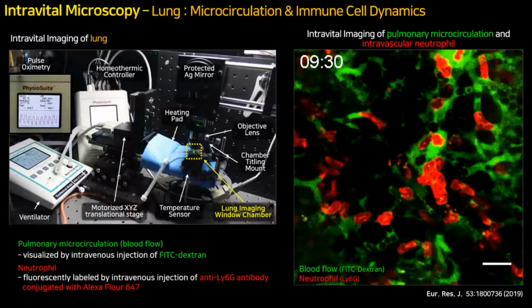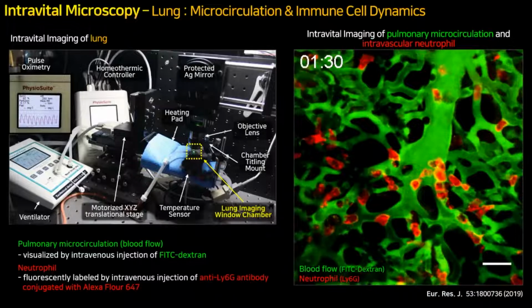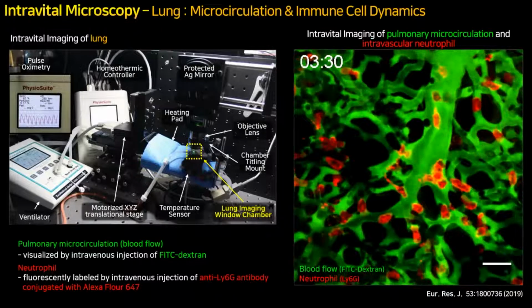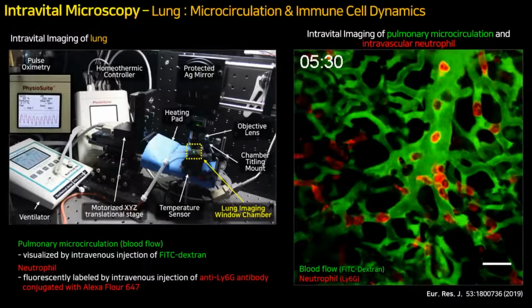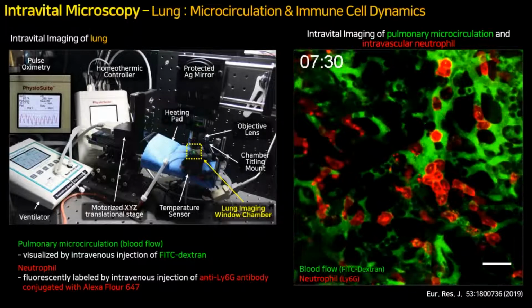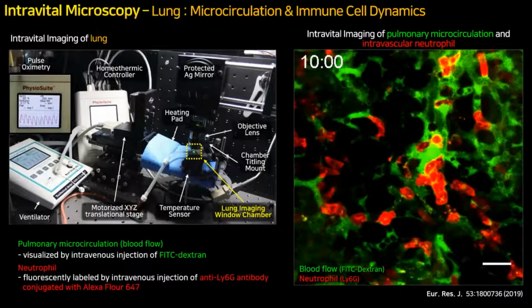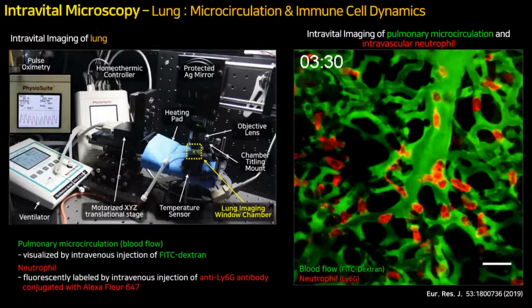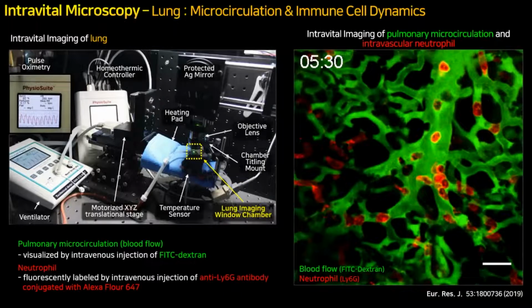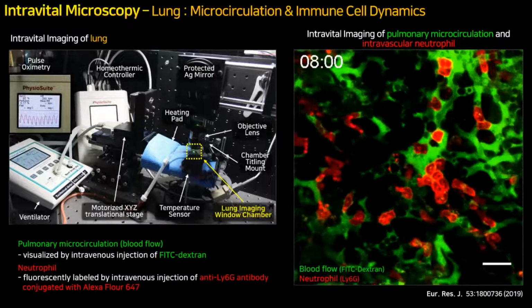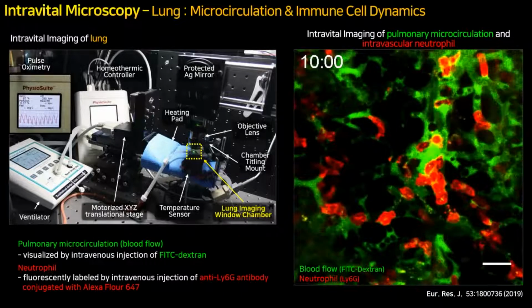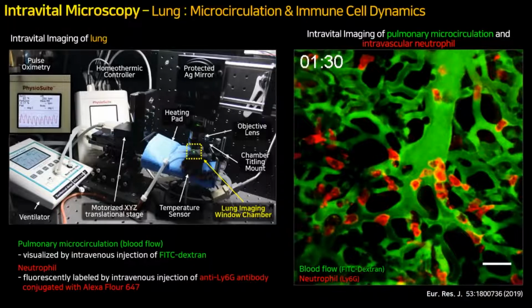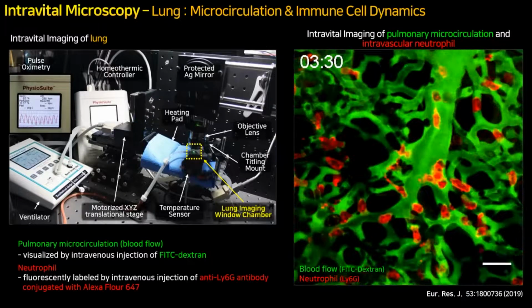Together with a lung imaging window chamber for stable visualization, we can acquire a clear video of neutrophil dynamics in pulmonary vasculature after sepsis induction by injecting LPS. Then pulmonary neutrophils migrated to specific sites and blocked the microcirculation of the lung blood vessels. This is an in vivo time-lapse movie of neutrophil infiltration in pulmonary microcirculation.